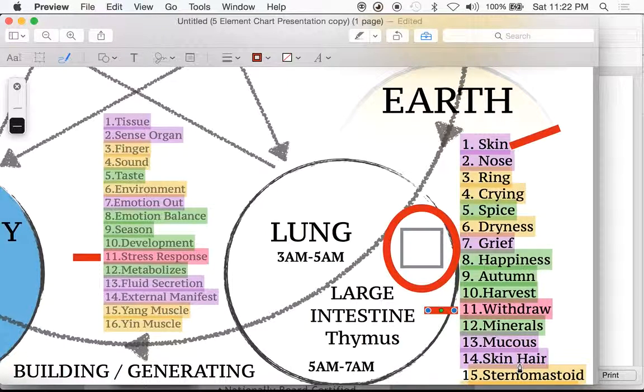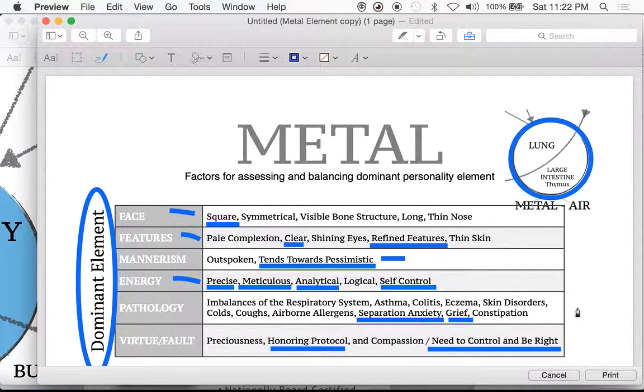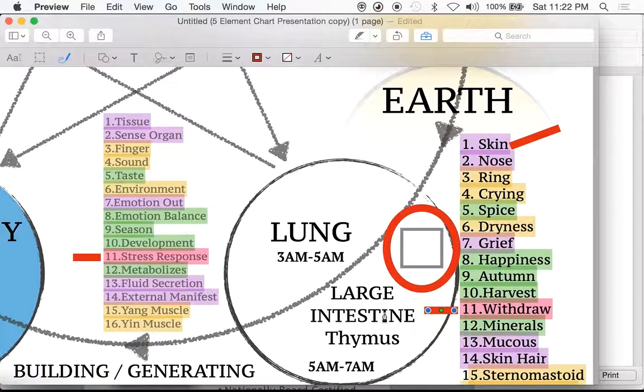Now, as you've heard, this doesn't necessarily only happen in somebody that is a metal air dominant element. But as you've heard us say, the reason we watch for the pathology indicators isn't because these are predominantly weak on someone that's a common metal air element, but rather because they are a metal air element, these commonly are the things that run out of energy or go out of balance.